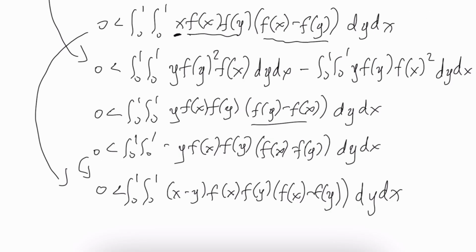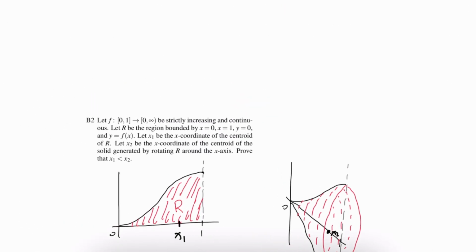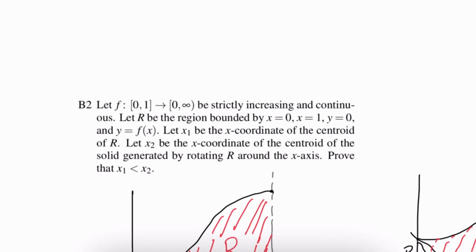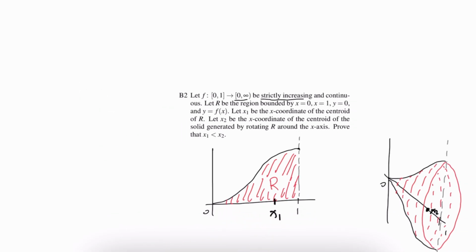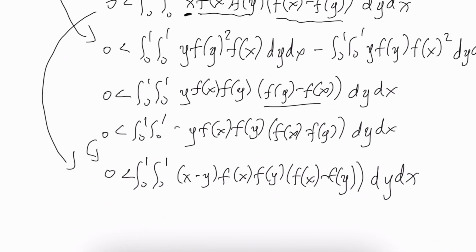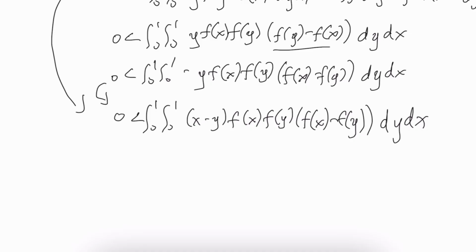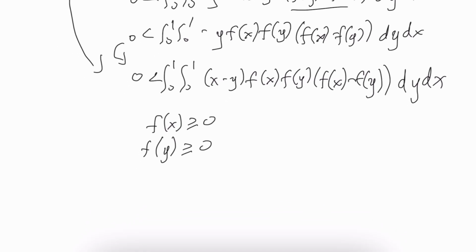From the conditions that were given, if we look back, f is strictly increasing and maps to the non-negatives. So in particular, f of x is greater than or equal to 0, f of y is greater than or equal to 0.